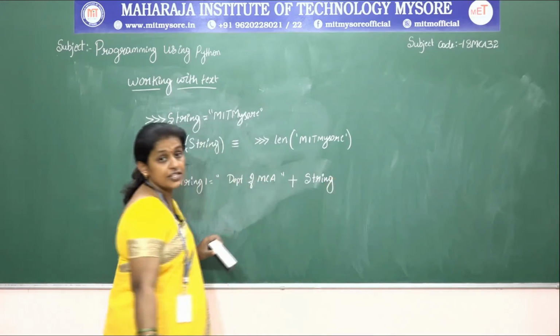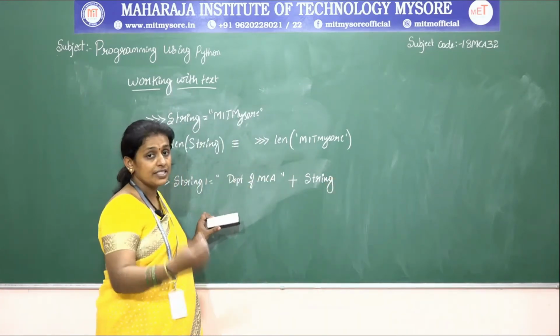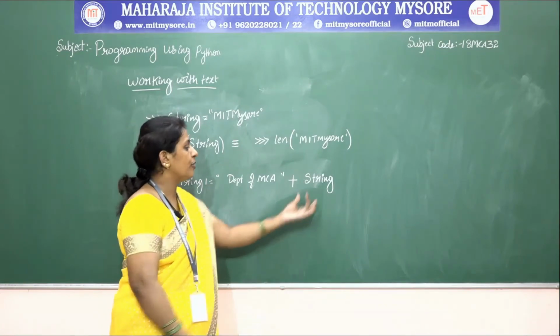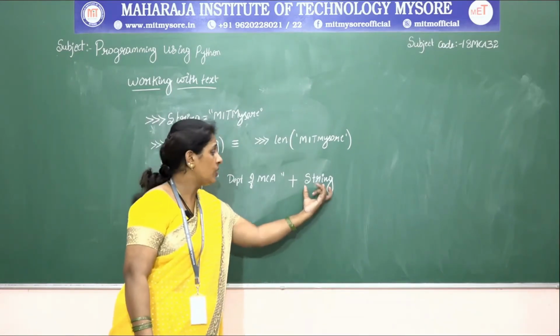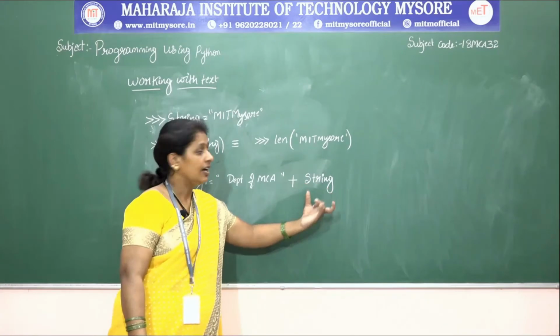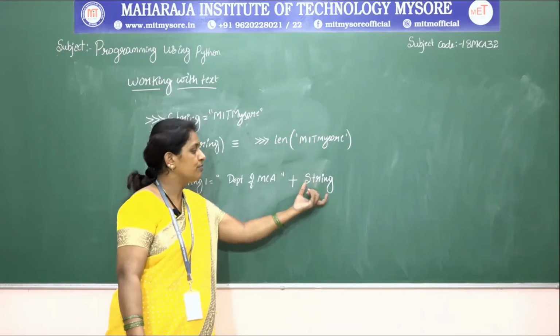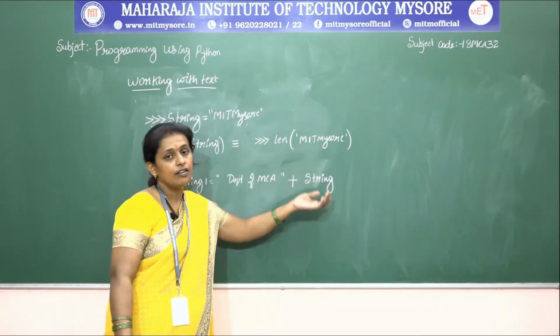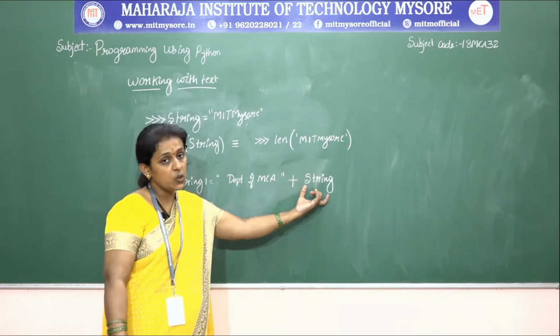I am once again reminding you that here also I am not using quotes because it is a variable, and when a variable comes, Python automatically substitutes the value of the variable, so I am not using any quotes.